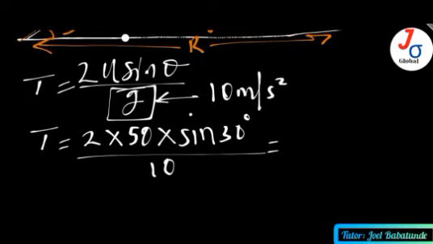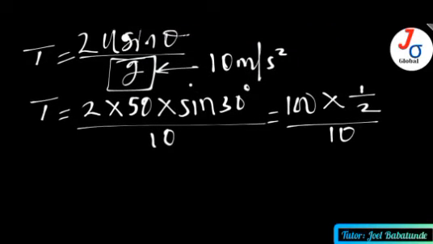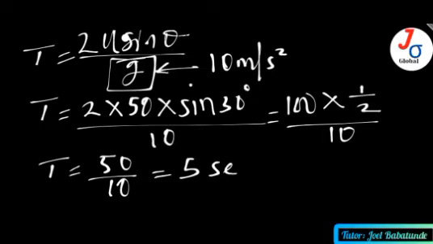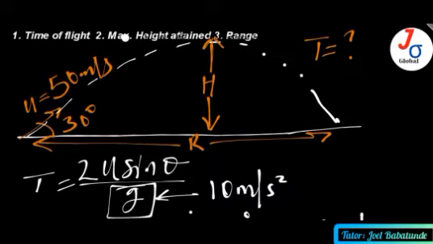We have 2 times 50, which is 100. Sine 30 is 1 over 2, half. Then 100 times half is 50, divided by 10 is 5 seconds.